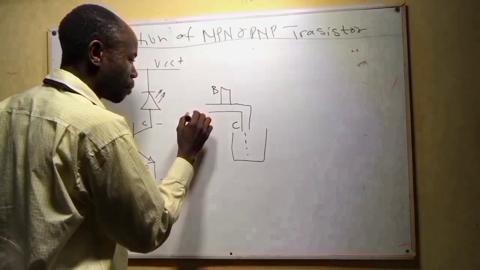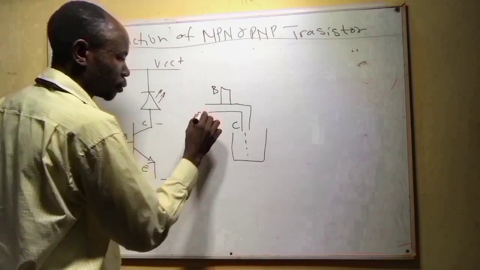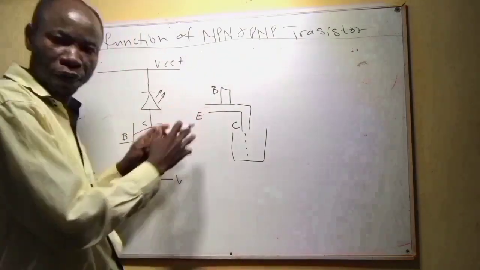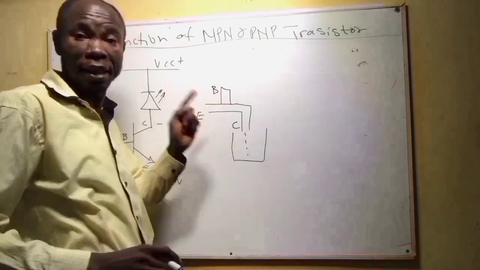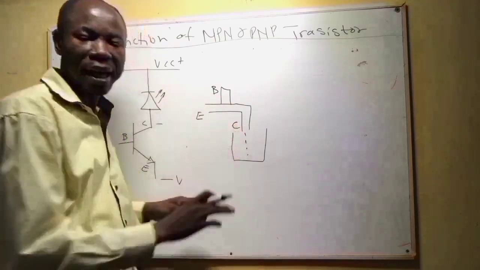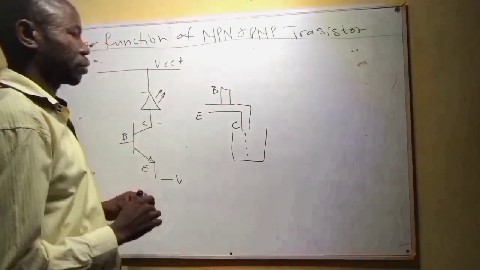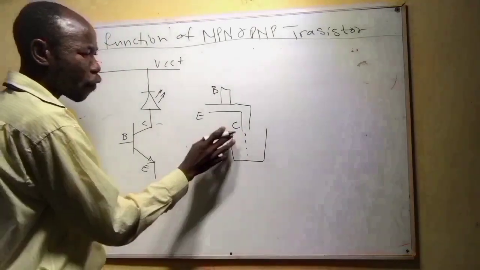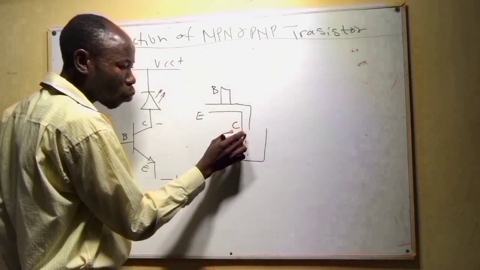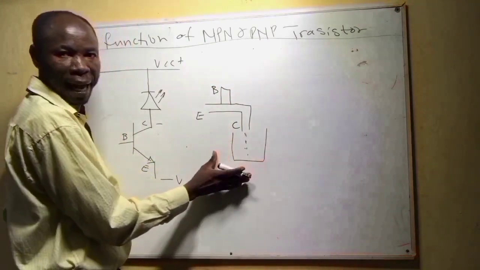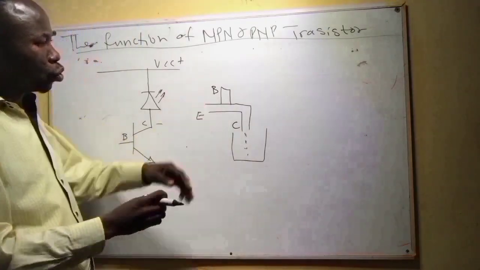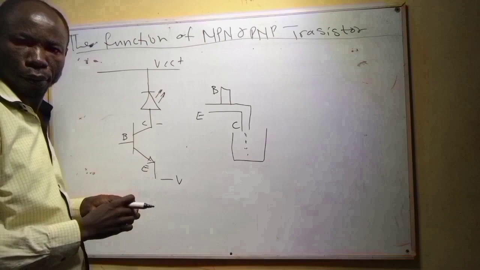The source is the emitter. So if it is a FET transistor or MOSFET, the base is the gate, the emitter is the source, and the collector is the drain. Okay. So before the tapping pipe will release water to the bucket, you must turn the tap.